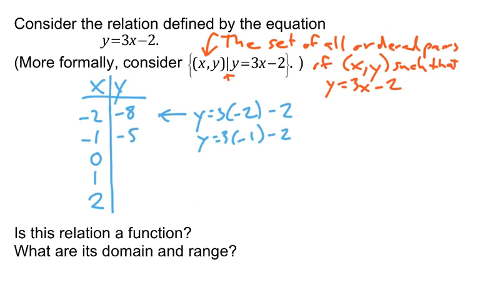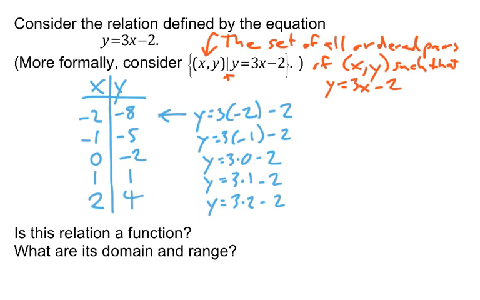And if we plug in a 0, I bet that's a little bit easier to see. 3 times 0 minus 2 gives me minus 2. 3 times 1 minus 2 is 1. And 3 times 2 minus 2, 6 minus 2 is 4.